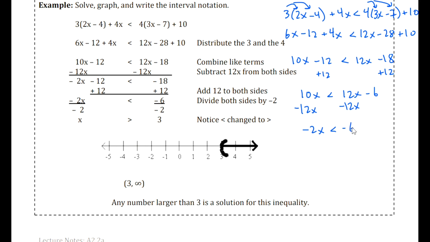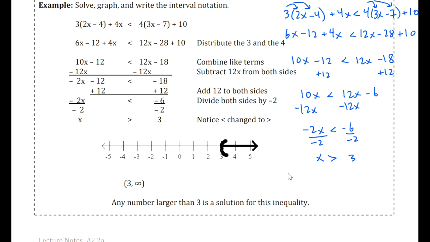Now we need to get rid of the -2. So this is -2 times x. The opposite of multiplication is division, so we divide through by -2. But when we multiply or divide by a negative number, we have to flip the inequality. So this is all of the x that are greater than 3.